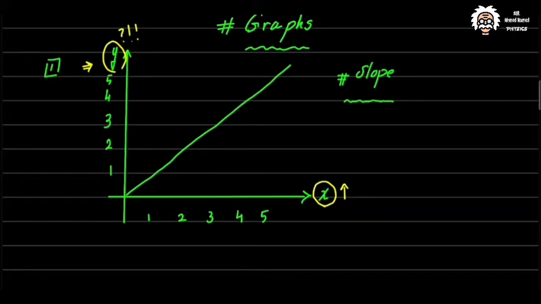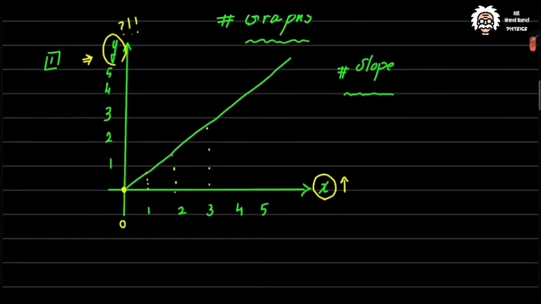First, if we look at the numbers on the x-axis, we start from the origin. So the x value at first was 0. Then it becomes 1, then 2, then 3. So we will notice that the x-axis numbers are increasing.